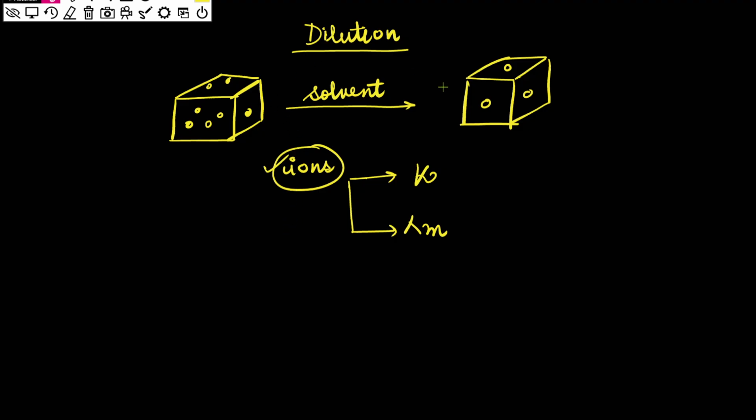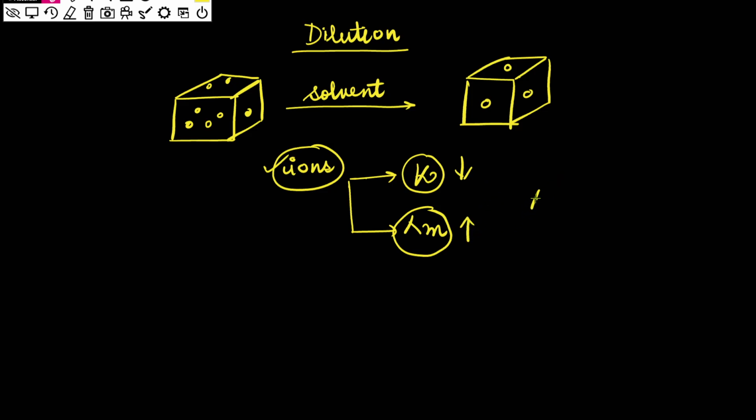If the concentration of the solute or ions is decreasing on dilution, then the conductivity will also decrease, because fewer ions will be available in a particular volume to conduct electricity. But at the same time, the molar conductivity of that electrolyte will increase.